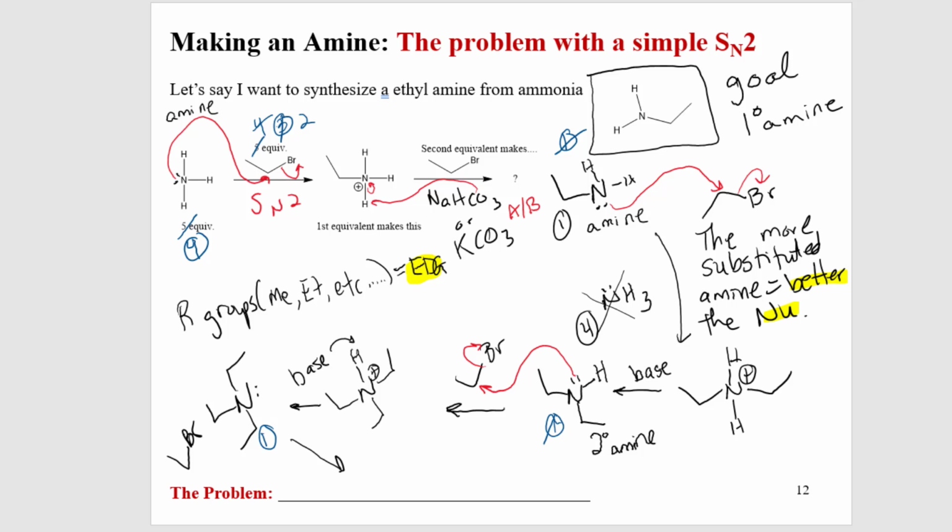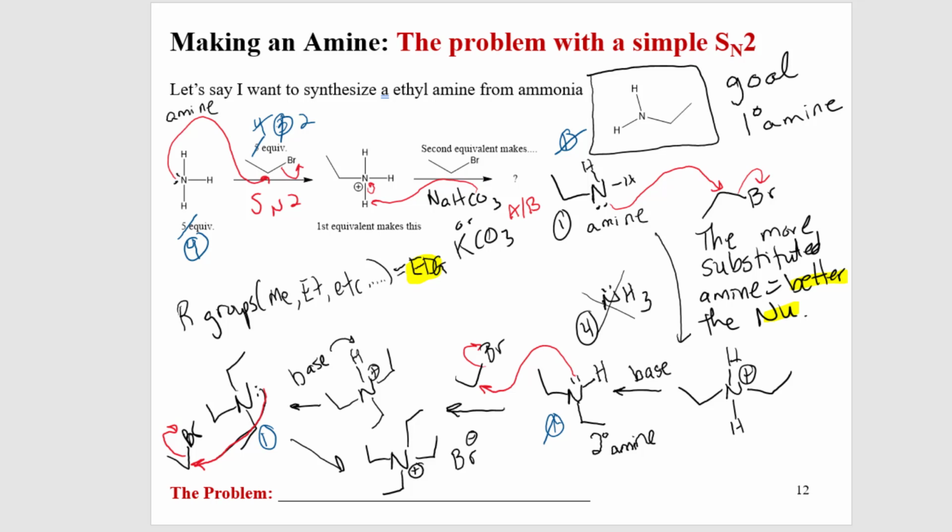This is now the most nucleophilic nitrogen, and it is ready to do an SN2. So we end here. Tetraethylammonium bromide. So we end at this salt.